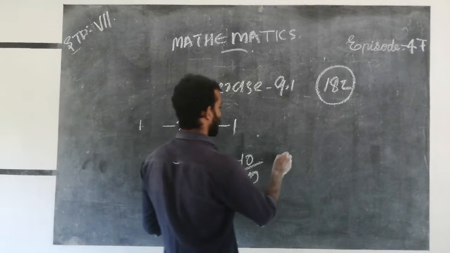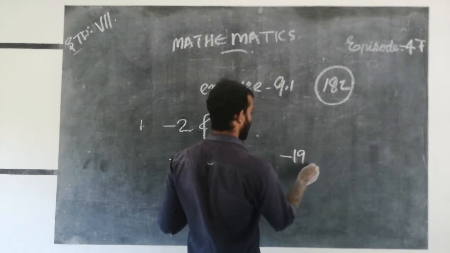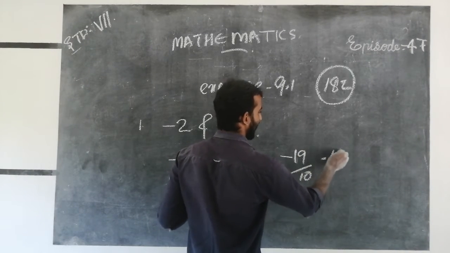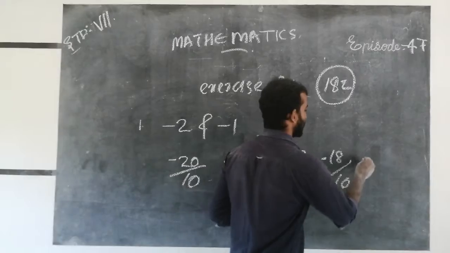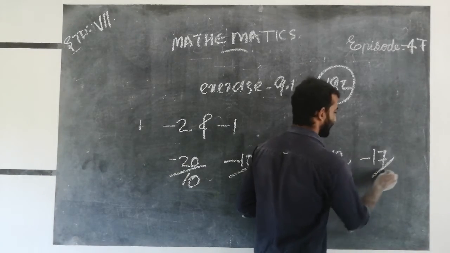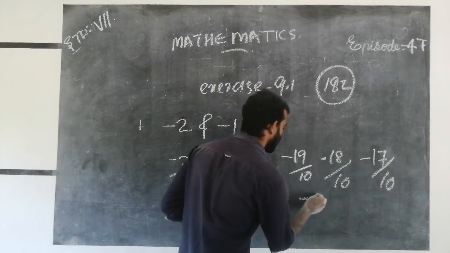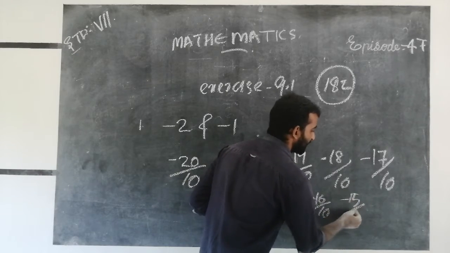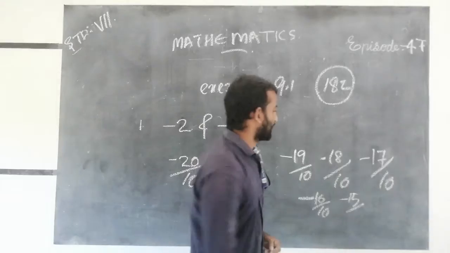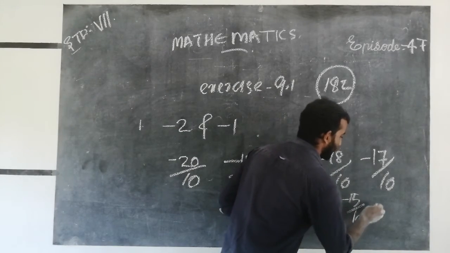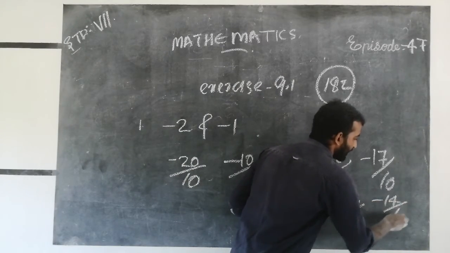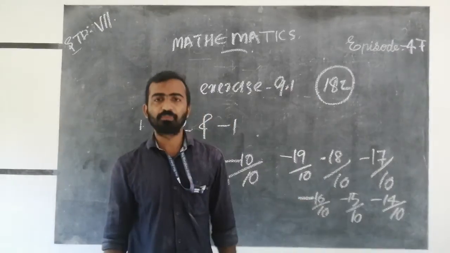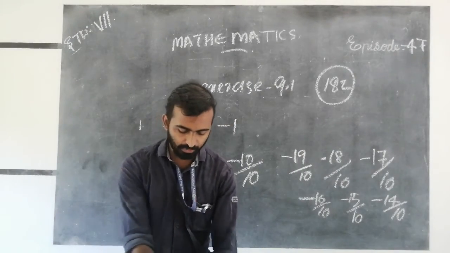So we can write negative 19 by 10, negative 18 by 10, negative 17 by 10, negative 16 by 10, negative 15 by 10 and negative 14 by 10. Following like this, you can list 5 or more.